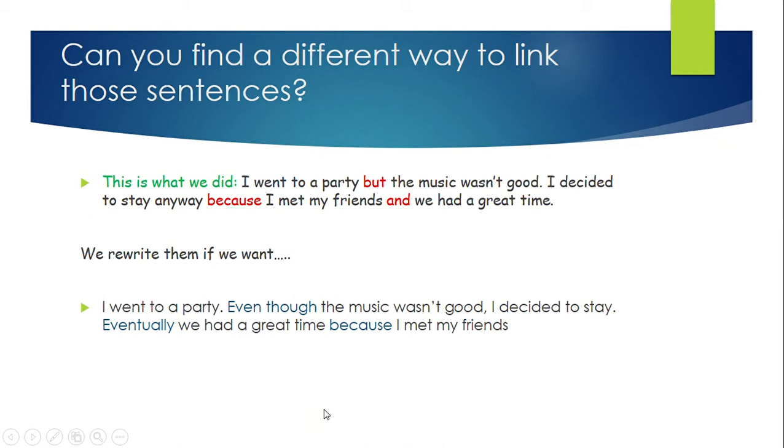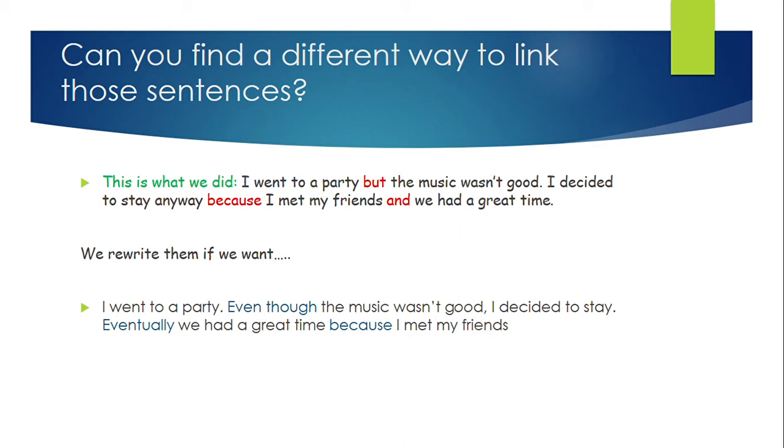Can you find a different way to link these sentences? See, this is what we did. Here you see, I went to a party, but the music was not good. I decided to stay anyway because I met my friends and we had a great time. We can rewrite them, if you want, like this.